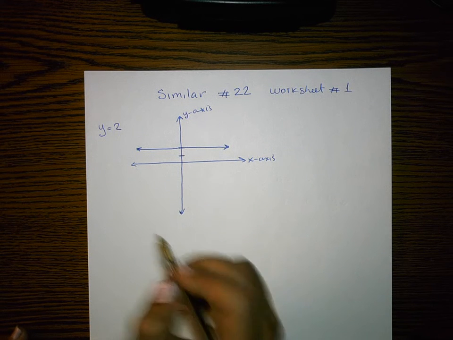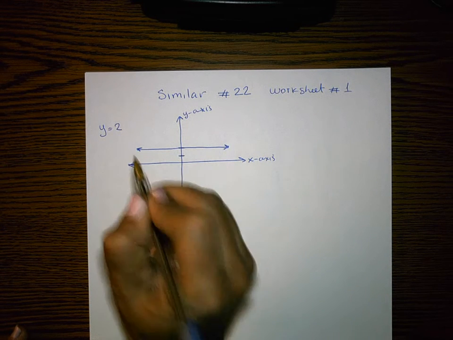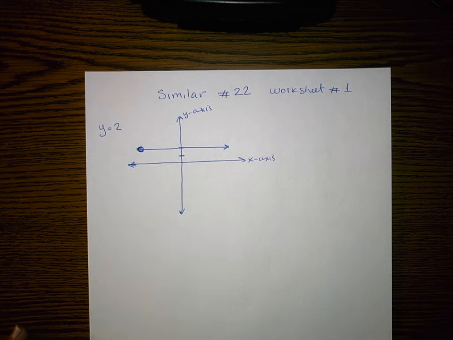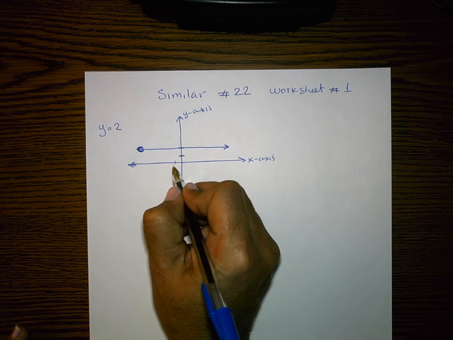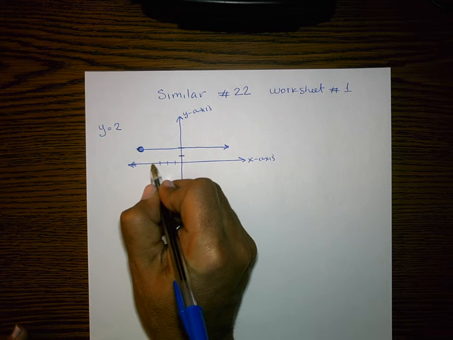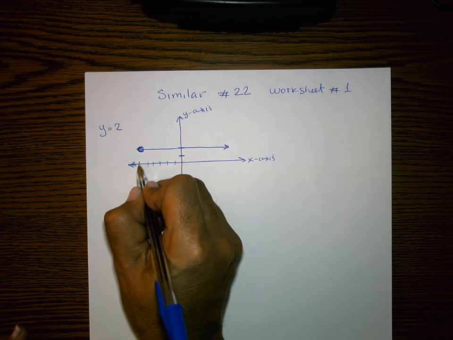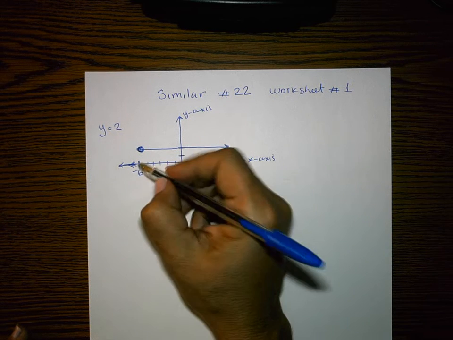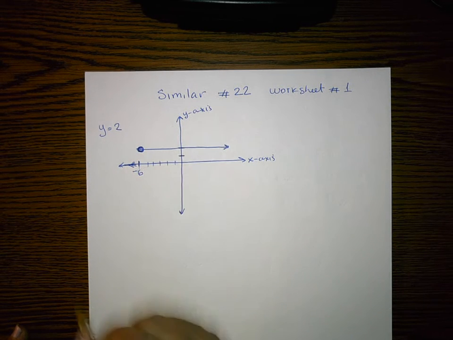Oh, I want to change. Let me put an open circle here, at -1, -2, -3, -4, -5, -6. Okay, this goes on forever, but mine stops at -6.